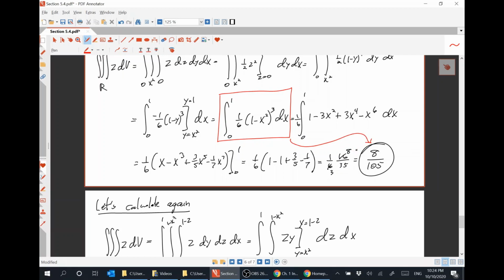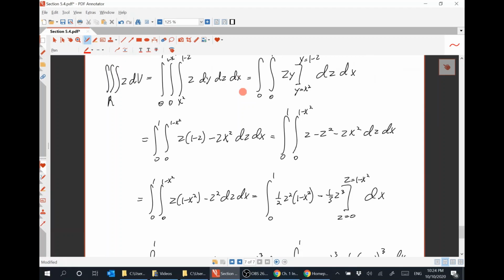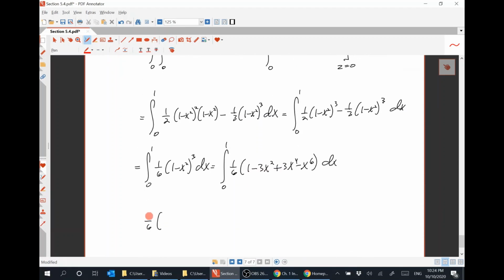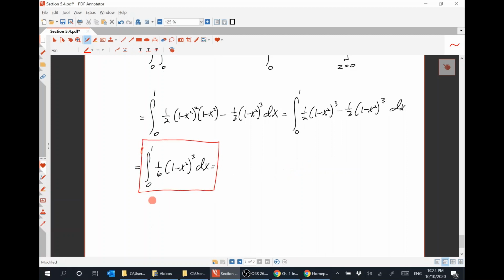Giving us that answer. So we don't need to redo that. That was the same integral as before. So we know for sure that's equal to 8 over 105, same answer.